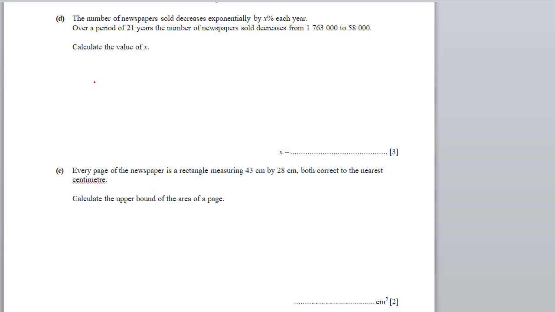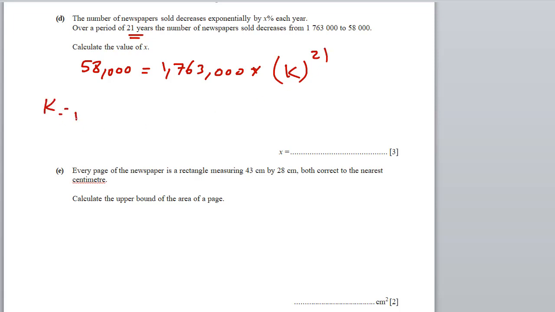So we know that 58,000 is equal to 1,763,000 multiplied by k, which is the multiplier, to the power 21. So k is equal to the 21st root of 58,000 divided by 1,763,000.